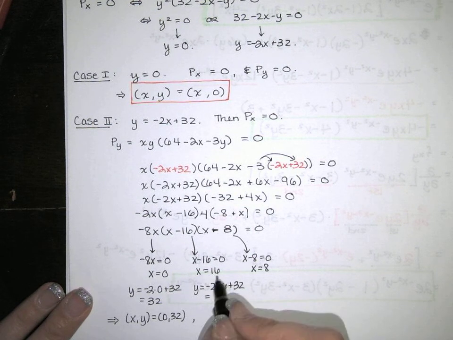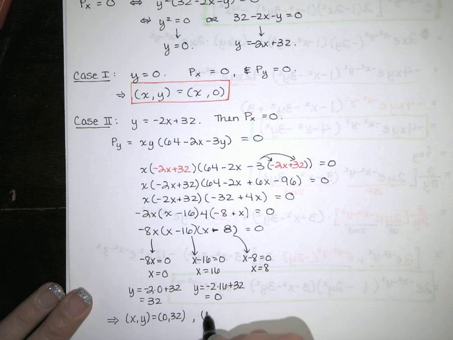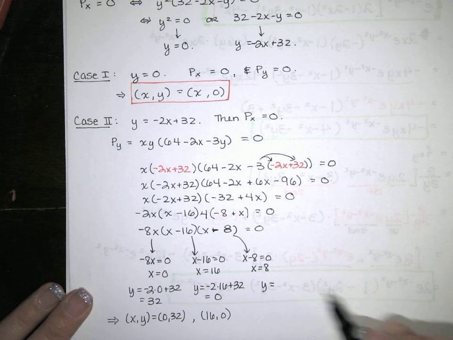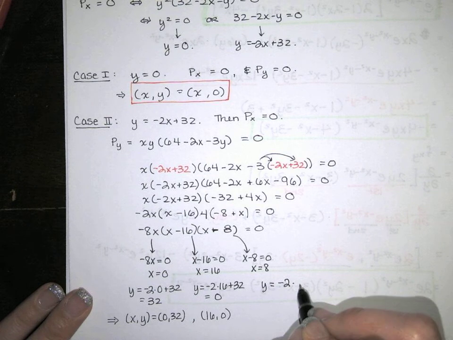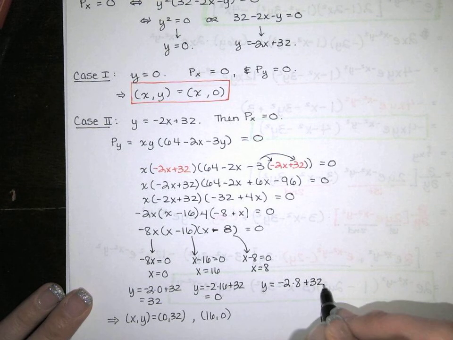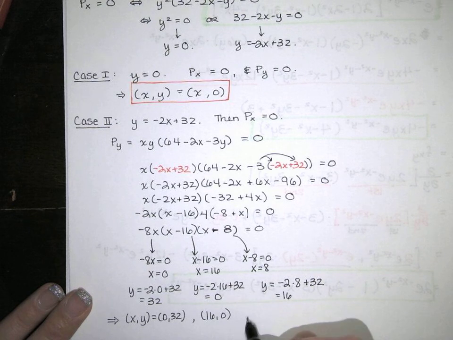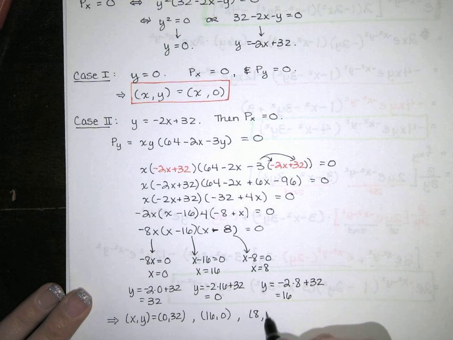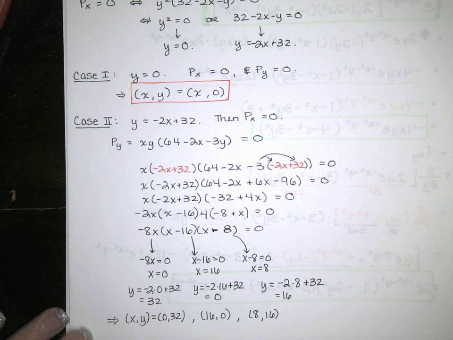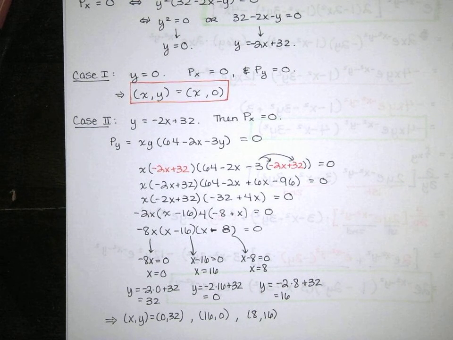So we get xy equals 16, 0. And over here, we've got x equals 8. If we're on that line, we have negative 2 times 8 plus 32 for our y value. It's negative 16 plus 32, which is positive 16. So 8 and 16 are critical values as well.